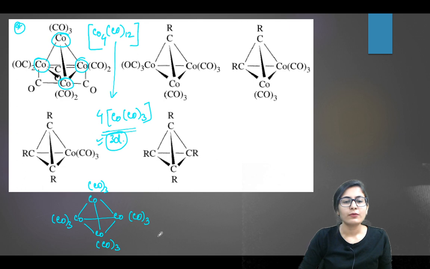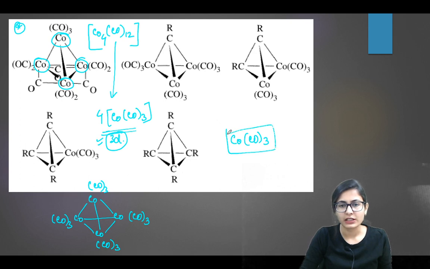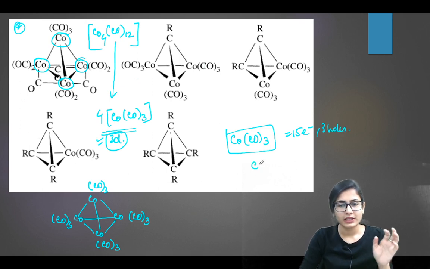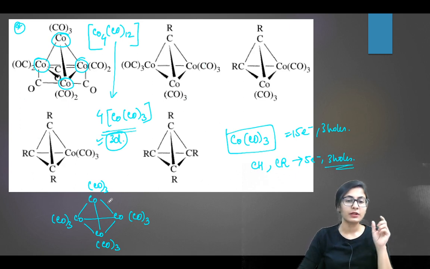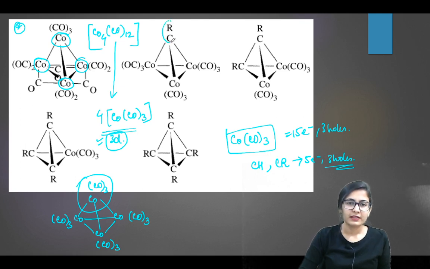Now what you know already, I have told you in the previous slides, we have seen that cobalt tricarbonyl has 15 electrons and 3 holes. So it is going to be isolobal with either a CH or a Cr fragment having 5 electrons and once again 3 holes. So you can replace these fragments one by one with a CH fragment or a Cr fragment.